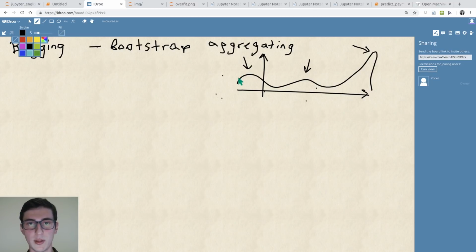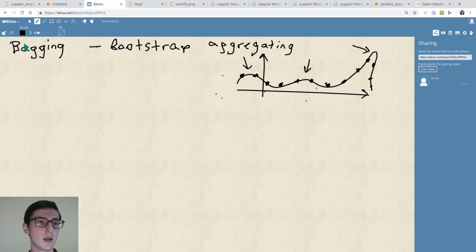So I will draw some dots. We've got a finite dataset, about 10, maybe 11 or 12 points.